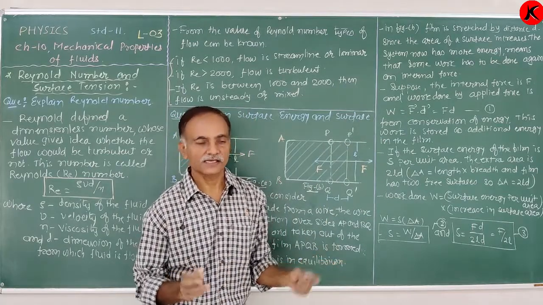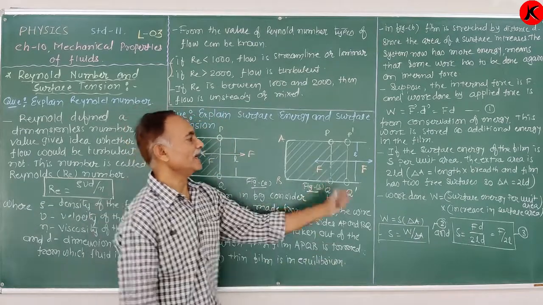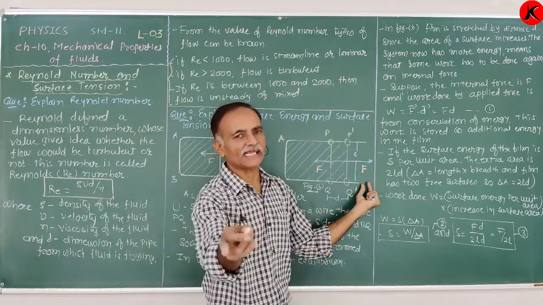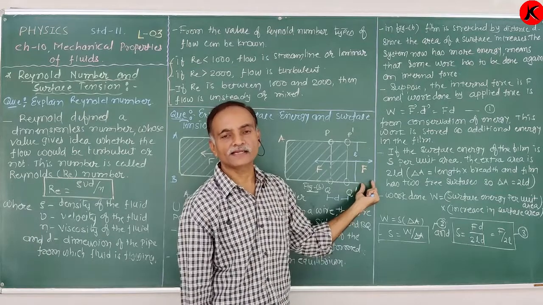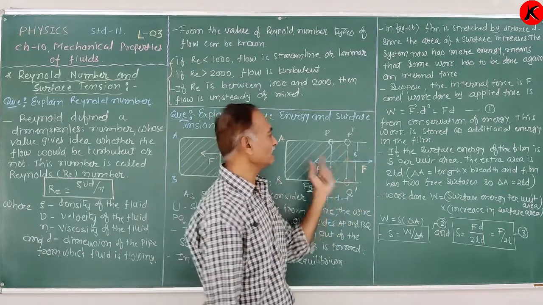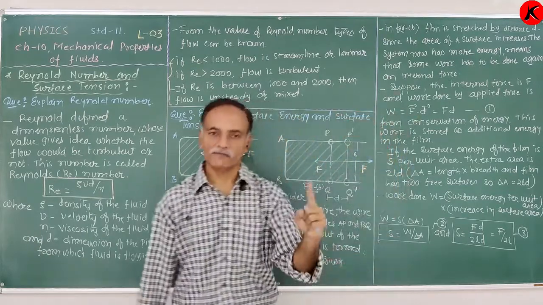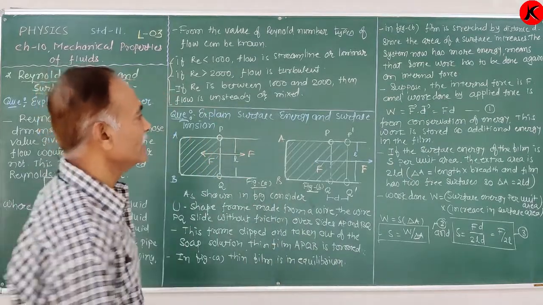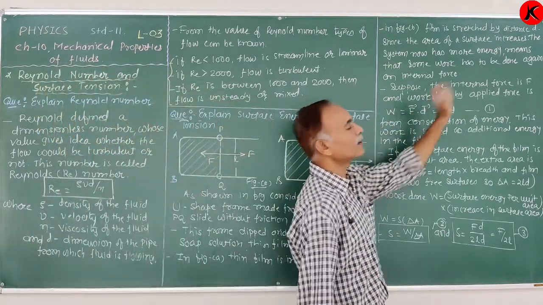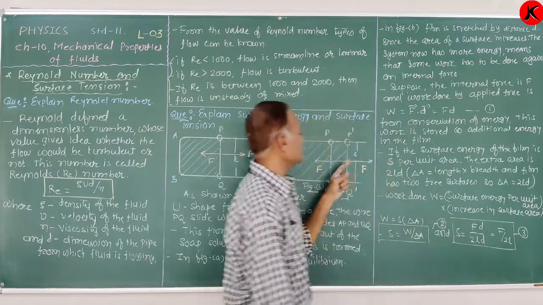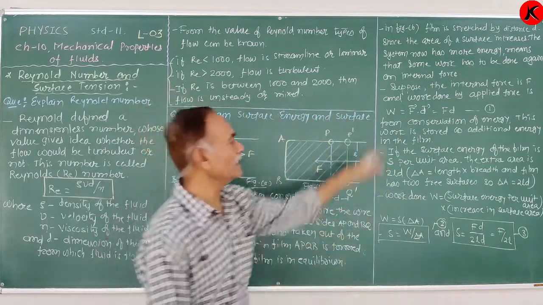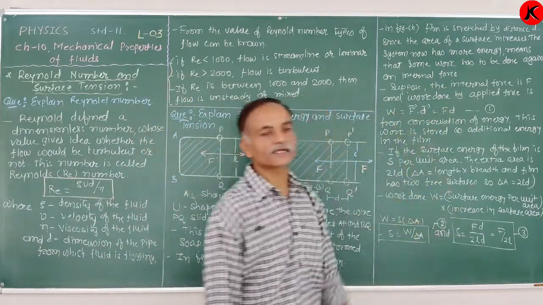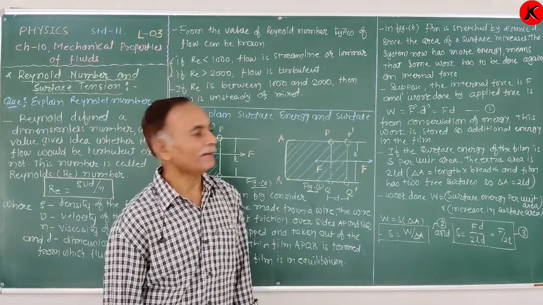Clear? If the internal force is F and the applied external force is slightly more than the internal force, the work done W is equal to vector F dot vector d, which is F d cos theta. But theta is 0, therefore cos 0 is 1, therefore W is equal to force into displacement, F into d.